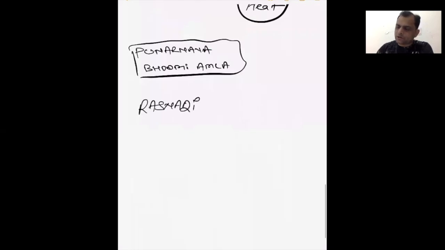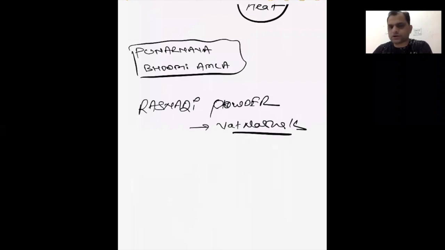In Ayurveda also, we put the Rashnadi powder on the top of the head. In Ayurveda, we say this is Vatanashak, meaning preventing the attack of Vata, preventing the attack of joint pain.